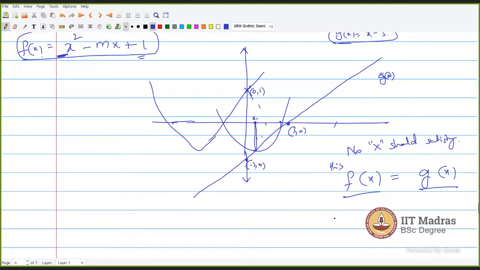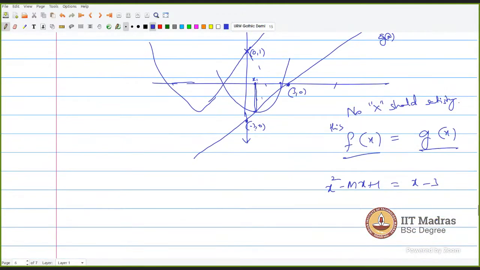So from this what we get is x square minus mx plus 1 equals x minus 3. So we got a quadratic equation. What we want is that we shouldn't have an x which satisfies this quadratic equation. So we have a quadratic equation like this: x square minus (m plus 1) x plus 4 equals 0.